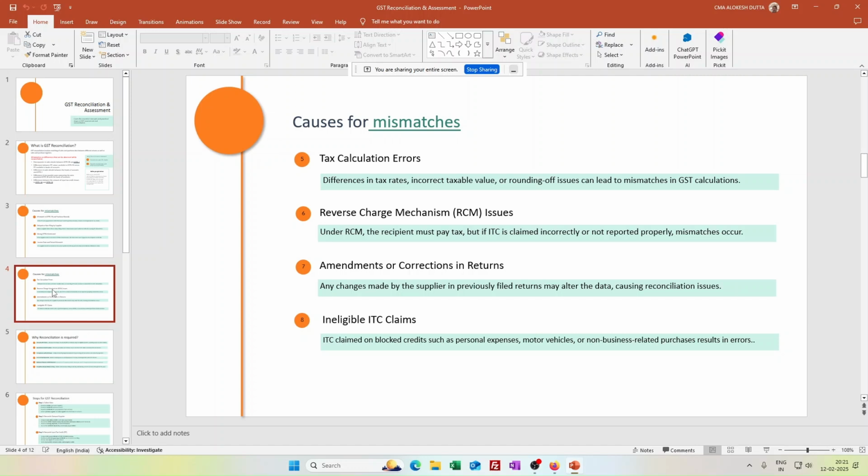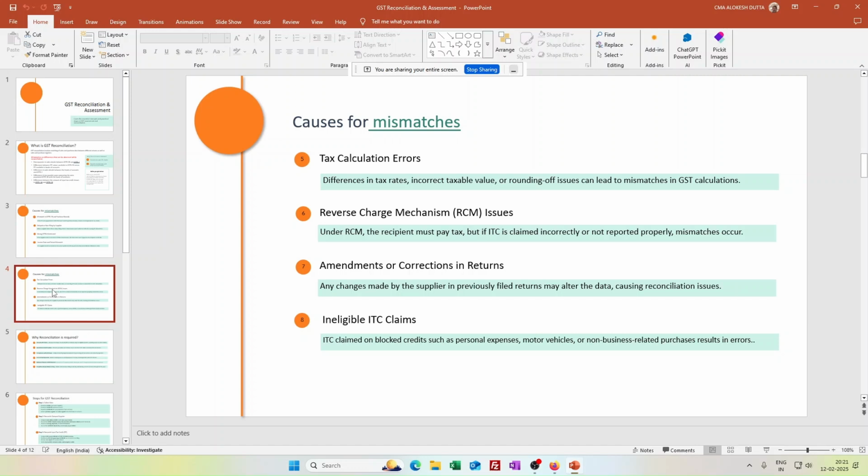Now, amendment or correction of the returns. Sometimes amendments of the invoices are done in a subsequent period. If the supplier amended his invoices but you didn't know, in that case, this is also a problem for you, a case of mismatches.